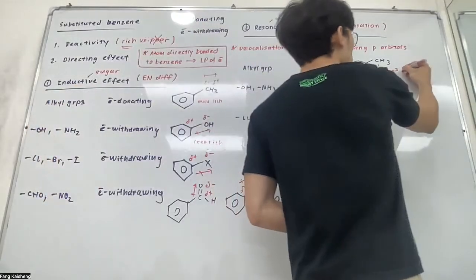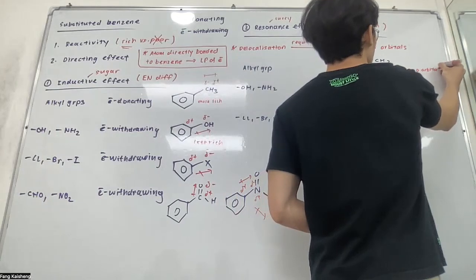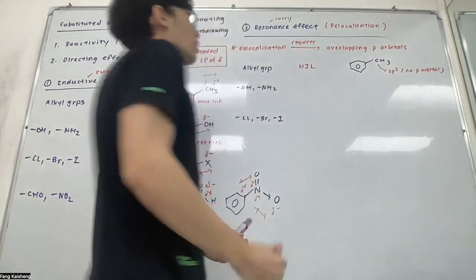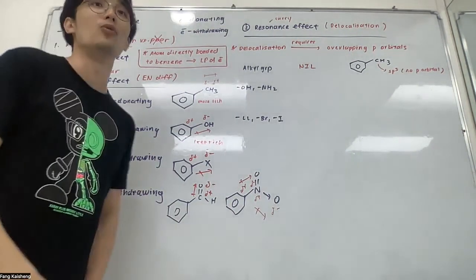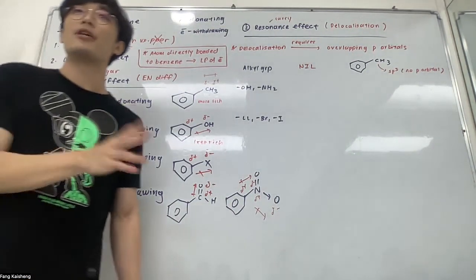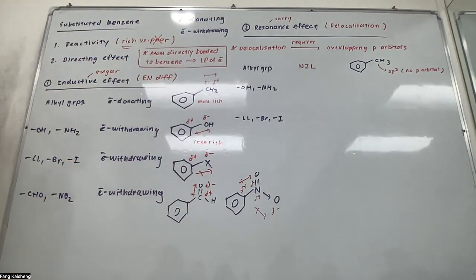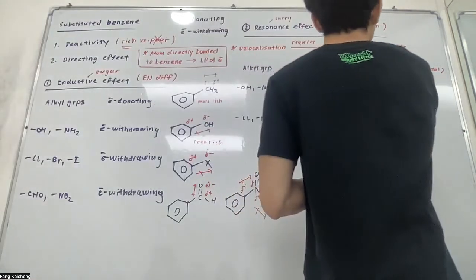No. If you have no p orbital, is there going to be delocalization? No. So that's why there's a big fat nail over there. Alkyl groups are mostly carbons, and carbons don't even have lone pairs. You will probably not see carbons with lone pairs. It exists, but very rarely. If there's no carbon with a lone pair, there's not going to be any delocalization at all. So just nail down. Quite simple, right? We're just going to move on straight to the second group.